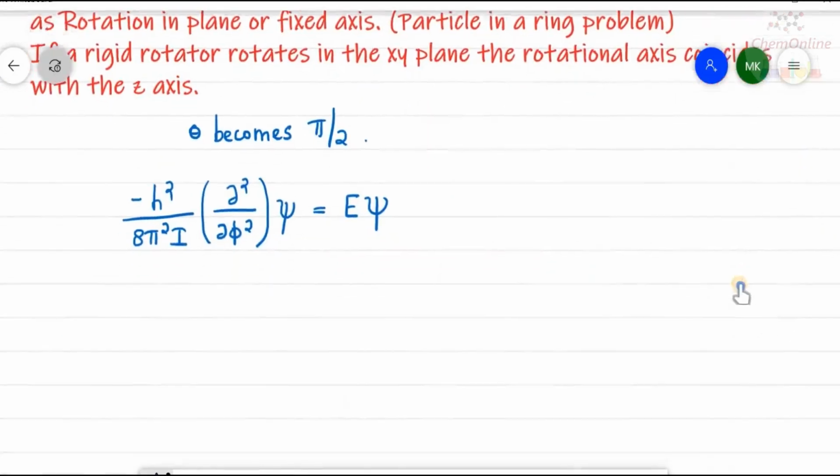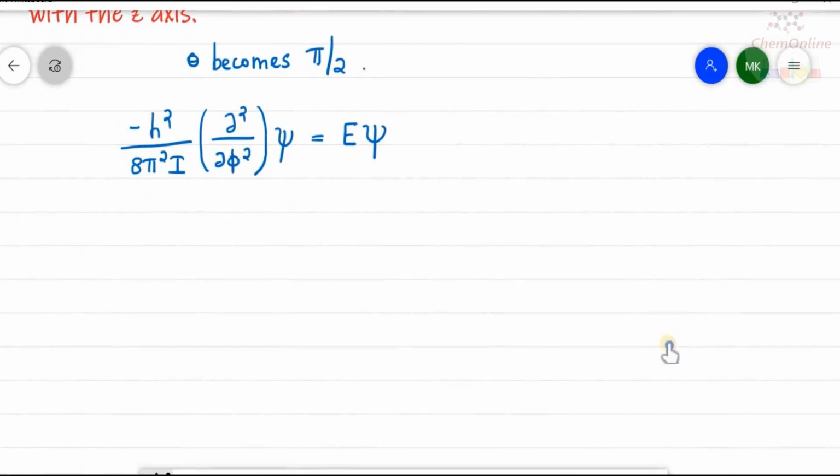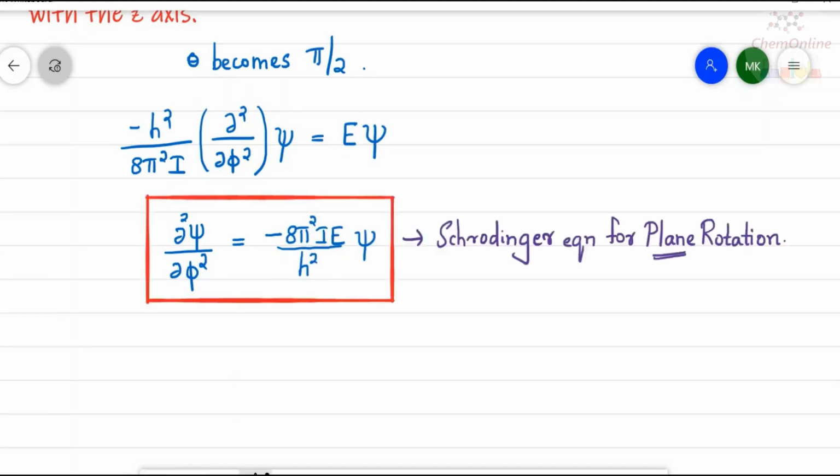Therefore, we can write minus h square by 8 pi square I dou square by dou phi square into xi equals E xi, which can be rewritten as dou square xi by dou phi square equals minus 8 pi square IE by h square into xi. And this is the Schrodinger equation for plane rotation.